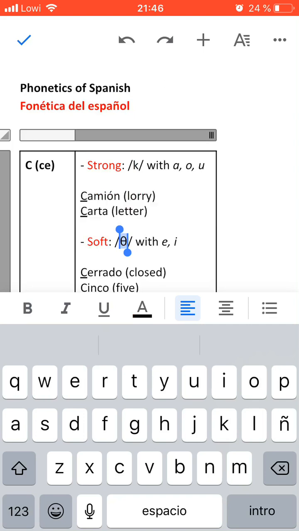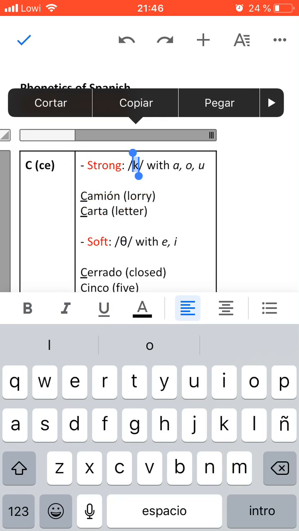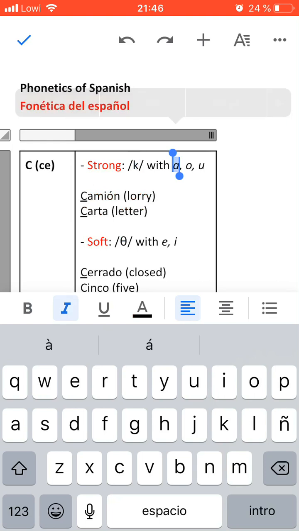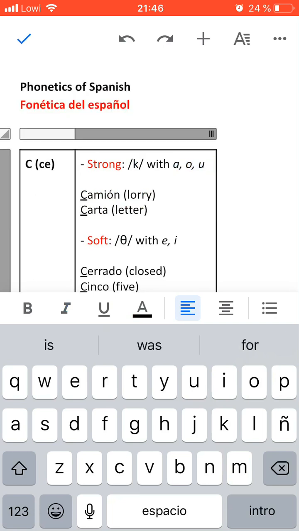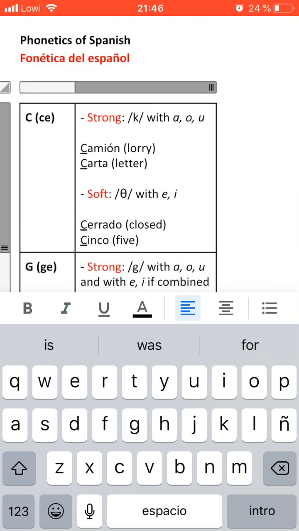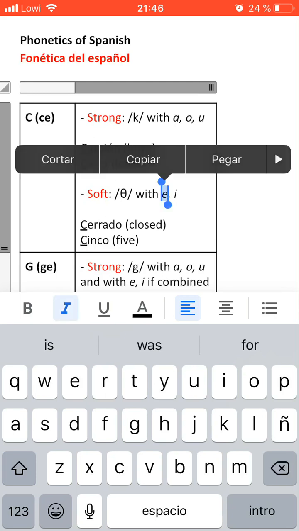So we will use the phoneme K when the C is combined with A, O, and U, and we will use the soft phoneme when the C is combined with E and I.